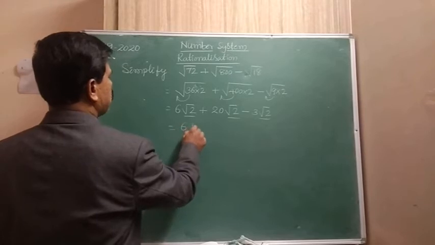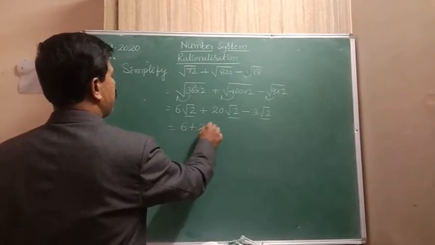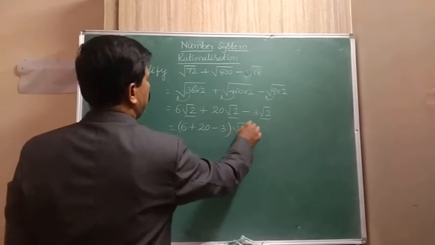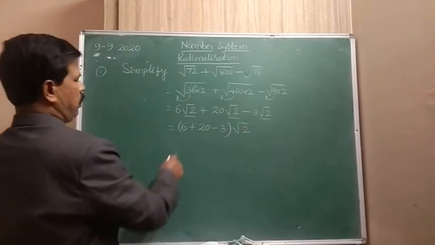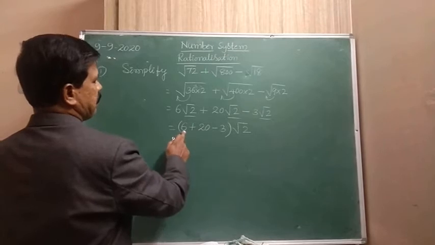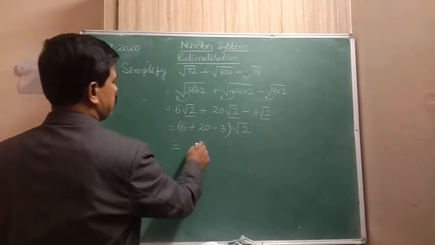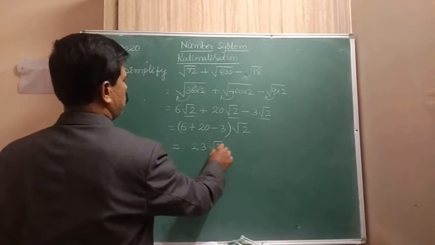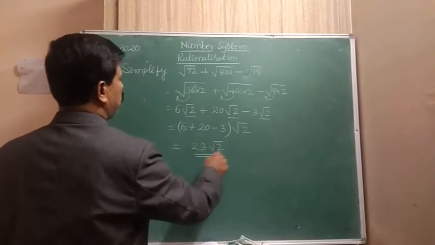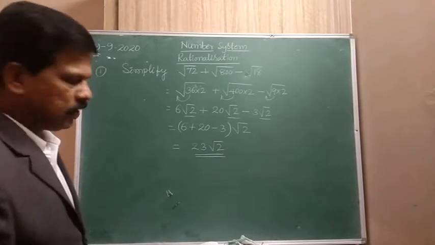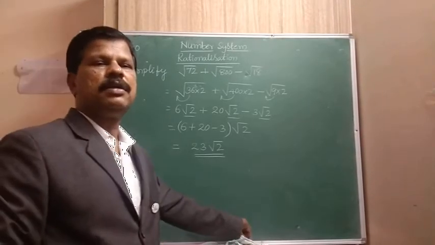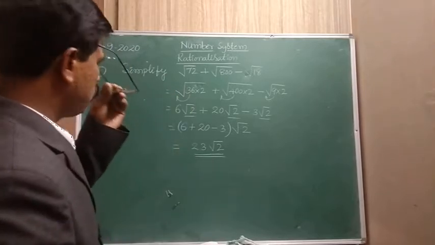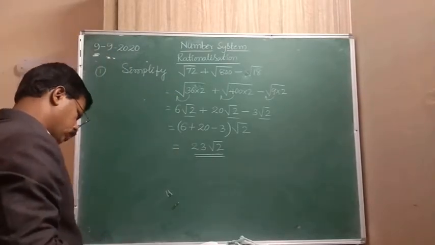Therefore here, 6 plus 20 minus 3, put it in a bracket, then root 2. Now 20 plus 6 is 26, minus 3 is 23 root 2. So this is the simplification of the given surds. Understood? Questions like that you may expect as a 2 mark question.